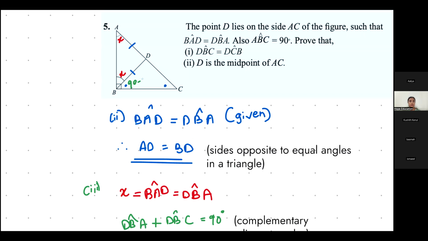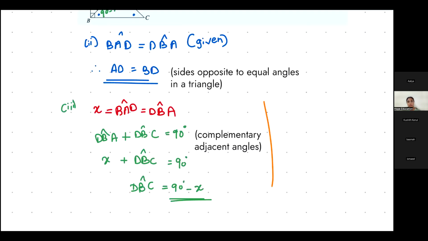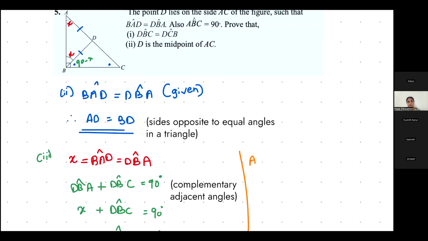Then if you consider the big triangle, triangle ABC: ABC plus BAC plus DCB equals 180.